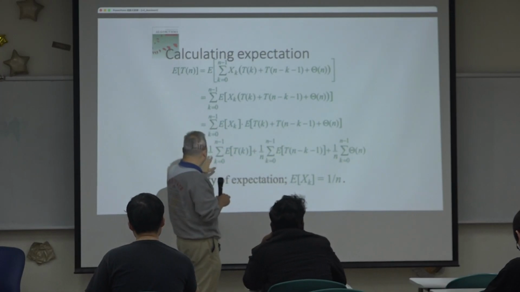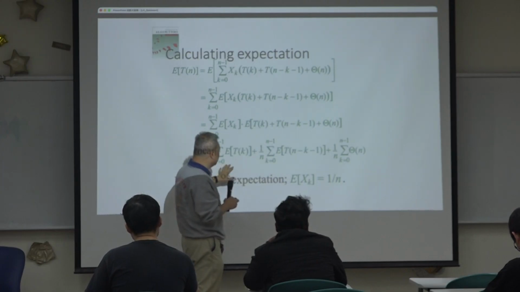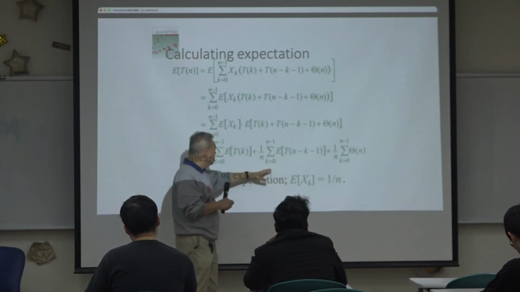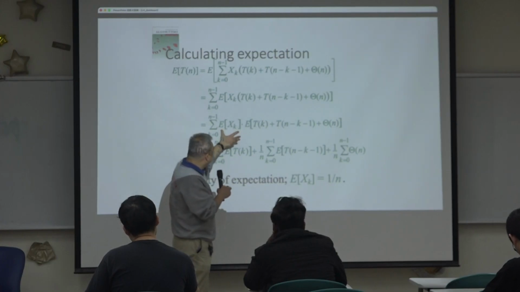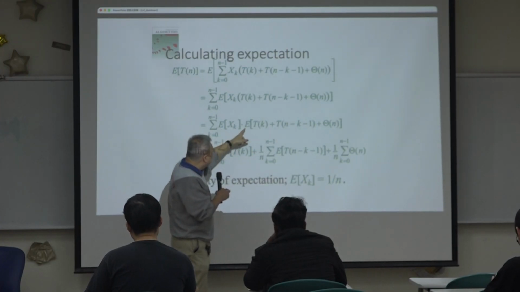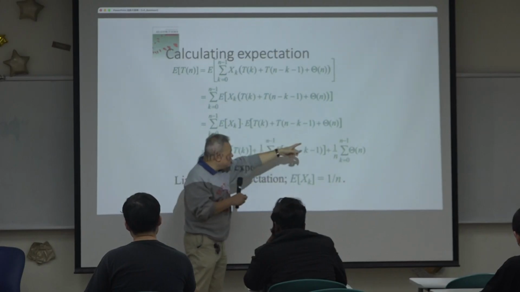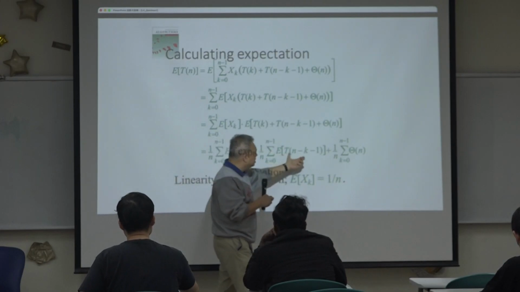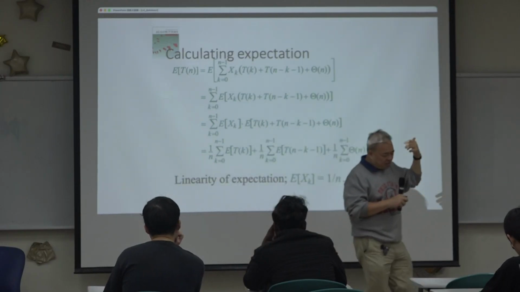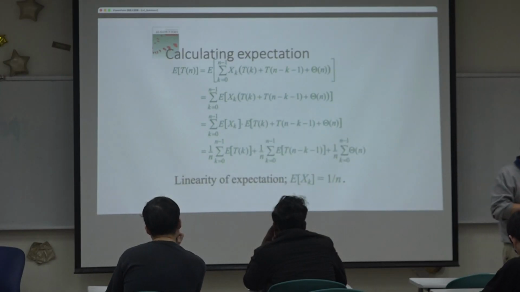So it's going to be like this. The reason, again, is that we know this value already, and the expected value of the whole thing equals the expected value of each of them, the linearity of expectation. We used that earlier, and we use it again.